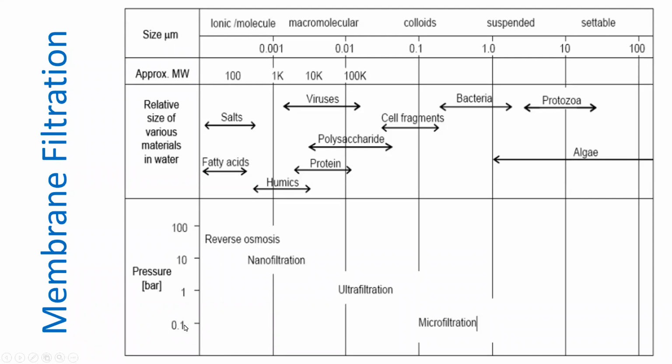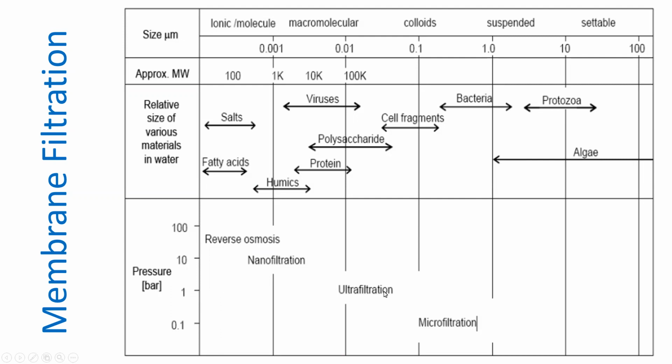Along with that, you can see that in order to use those technologies, we require some pressure. For microfiltration, it is 0.1 bar. So 1 bar is equal to 10 to the power 5 Pascal, or 0.1 megapascal. 1 bar is equal to 1 atmospheric pressure, roughly. So a fraction, about 10% of atmospheric pressure, is required for microfiltration.